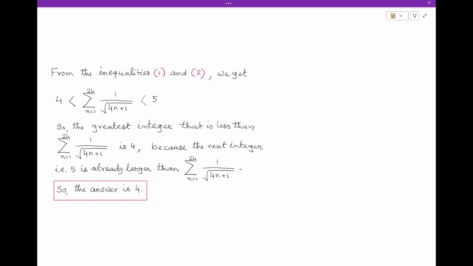Therefore, the greatest integer that is less than this quantity under the summation sign is 4, because the next integer, that is 5, is already larger than the same quantity. So, the answer is 4. Thank you.